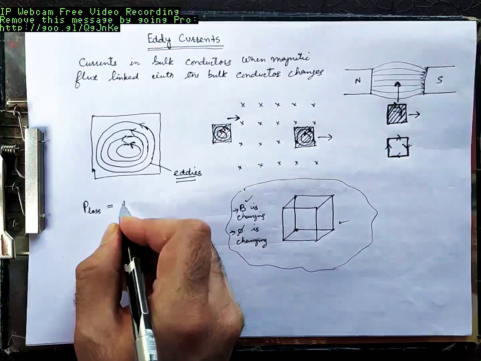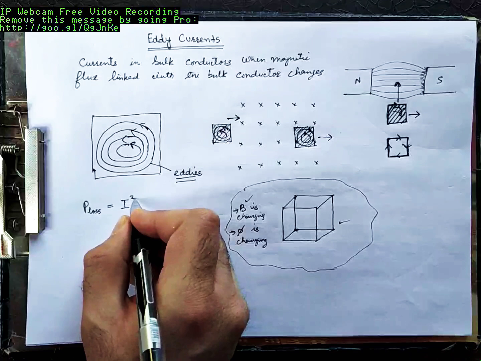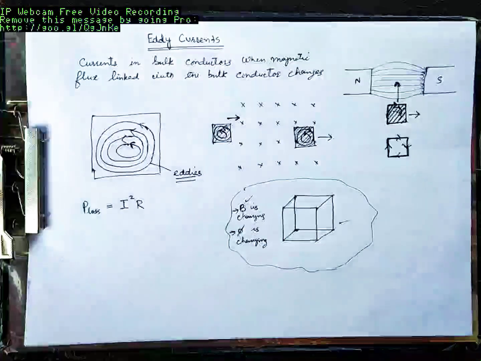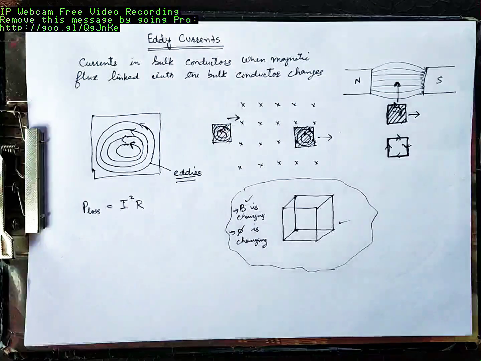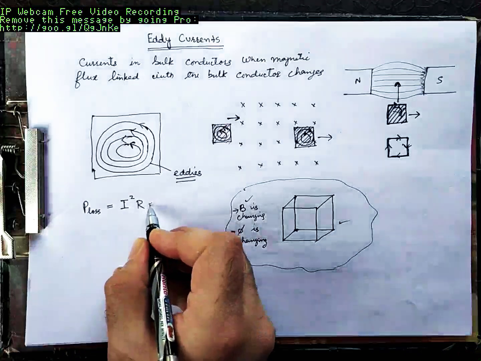Power P loss is equivalent to I square into R. You remember this? Where R is resistance.